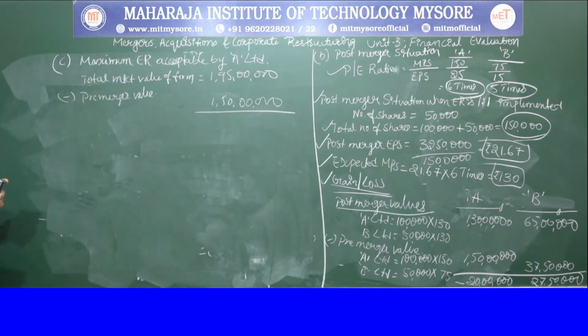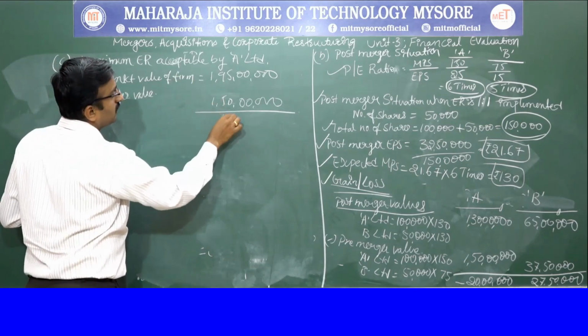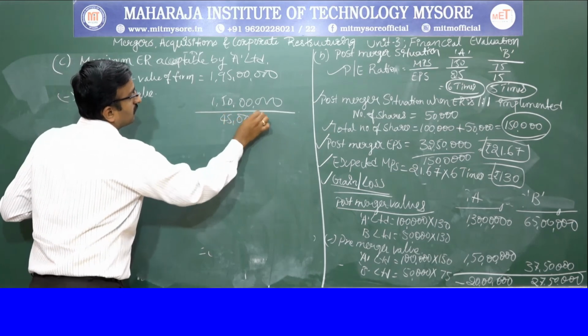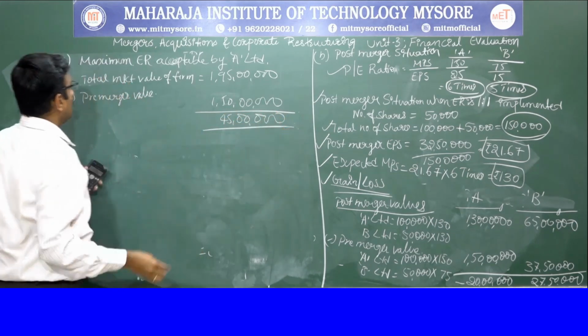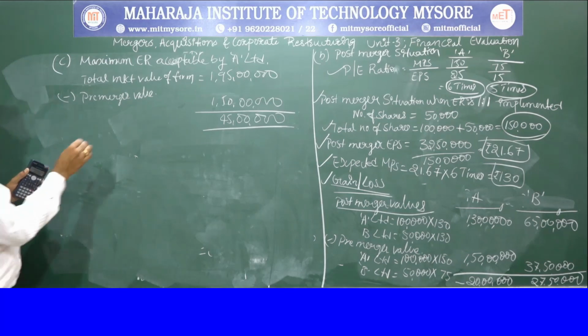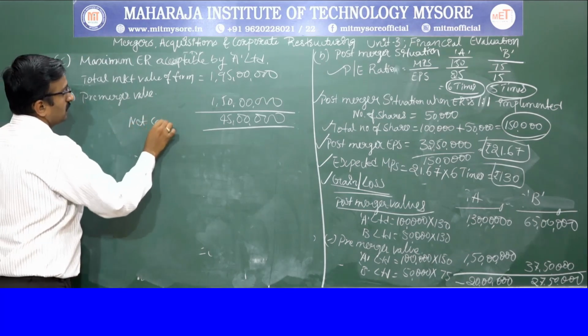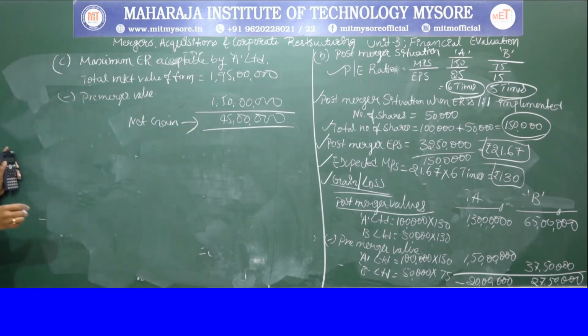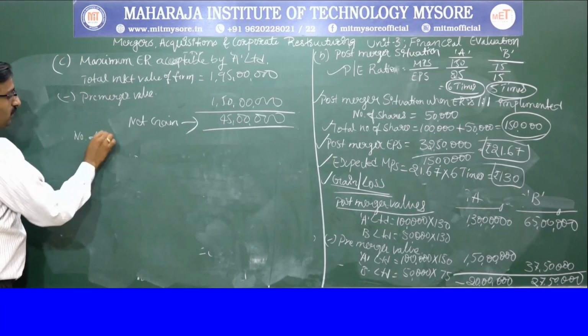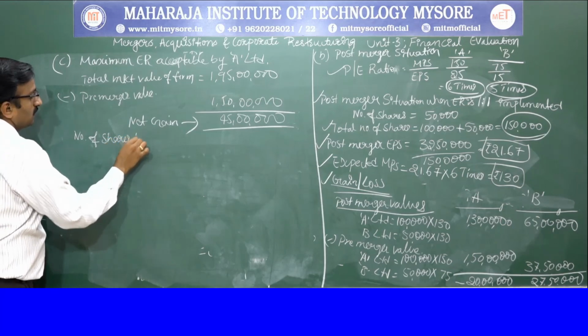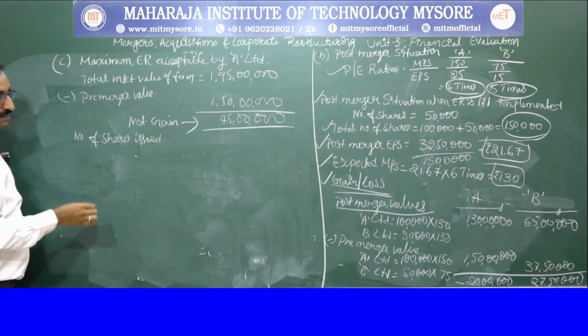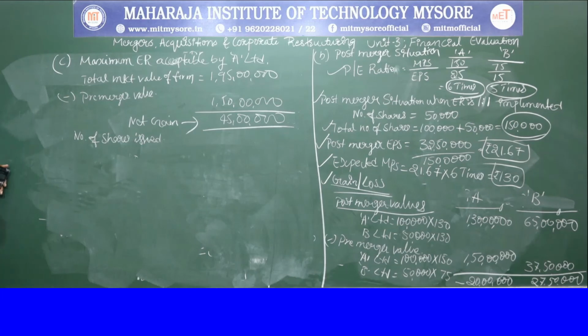So, what could be the earnings? We will get the net gain of 45 lakh. Then based on this, we find out the number of shares issued. Number of shares issued, how much?